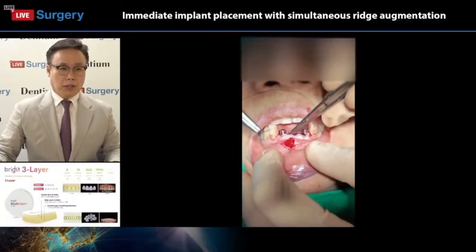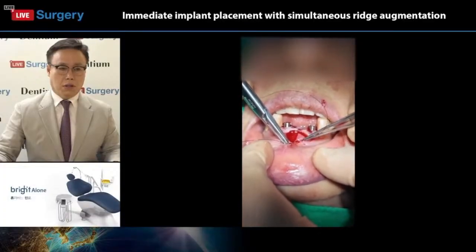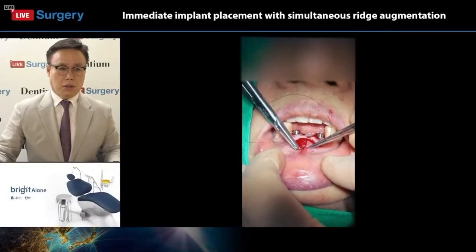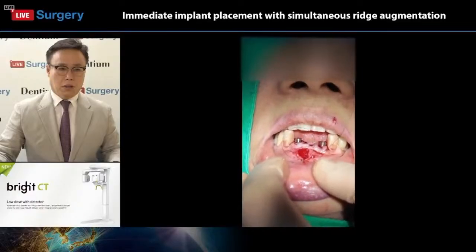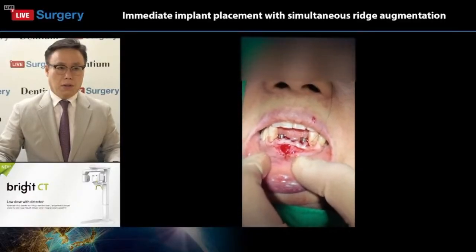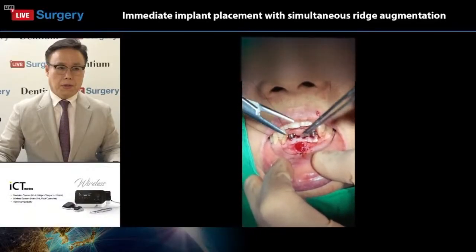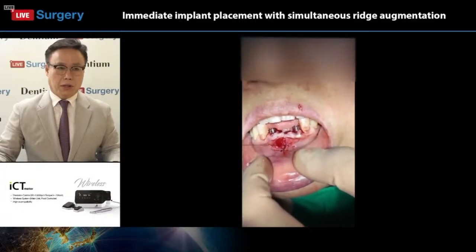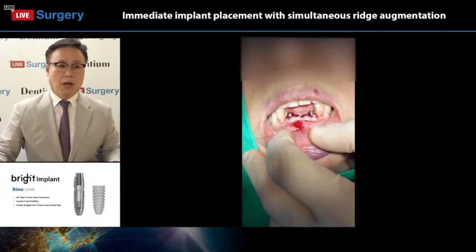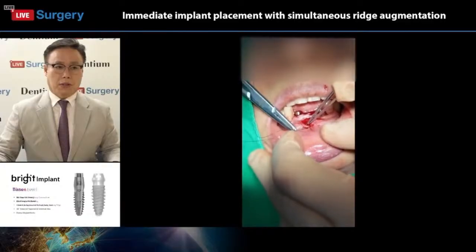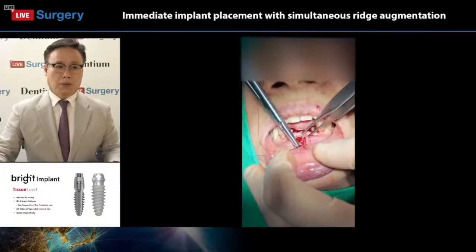We are applying, probably, a continuous suture. After we finish the suture of the vestibular incision area, we're going to apply the bone graft on the extraction socket for number 31 and 41, and cover and seal it with the collagen matrix, but we're going to skip it because it's a very simple method.